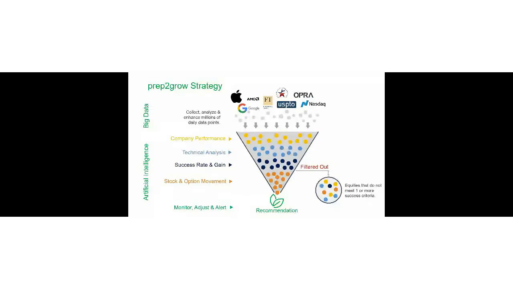So this is kind of the process that we go through. We make sure we do everything we can to give accurate recommendations. Prep to Grow is not perfect. You should project that some of our recommendations will take a loss on occasion. Our success rate realistically is 9 out of 10.